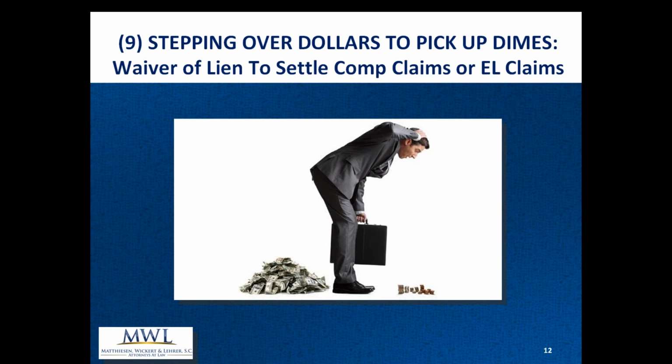Their job, just like my job is to recover your subrogation dollars, their job is to get you out of that comp claim. Unfortunately, what happened in that case was they waived a $700,000 lien with about a 95% chance of prevailing in order to close out a comp claim worth about $55,000. Why does this happen?